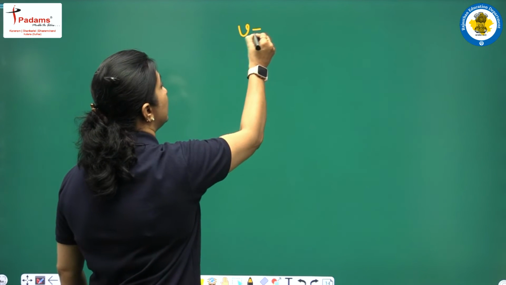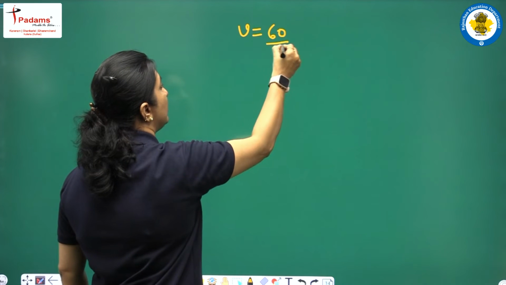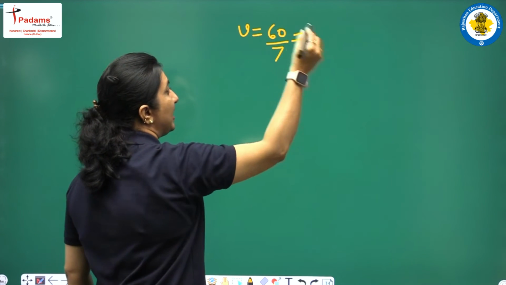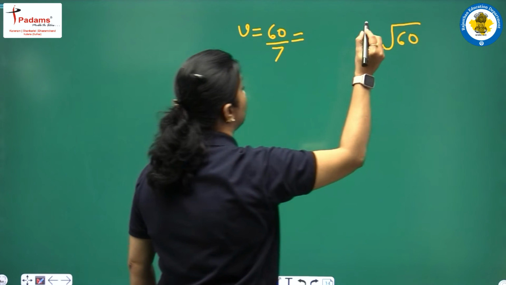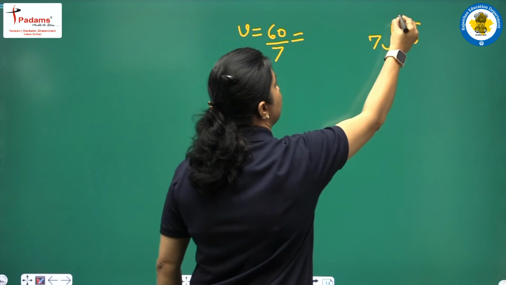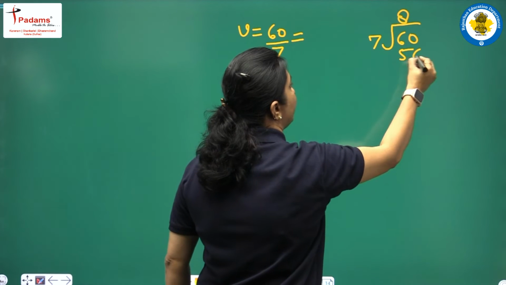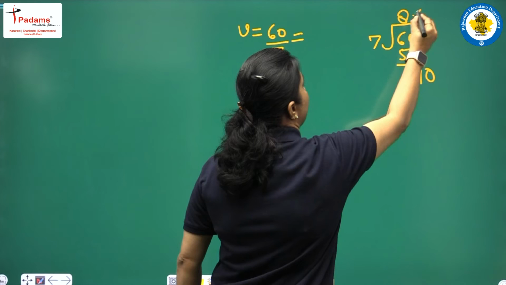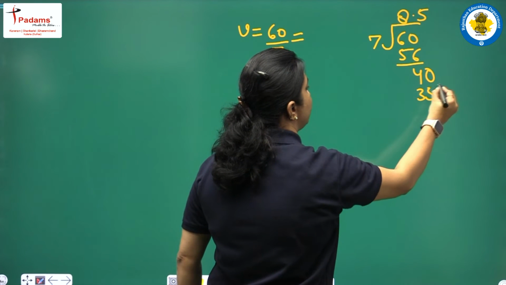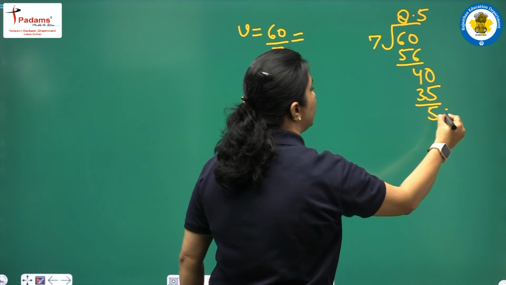So V was 60 upon 7, which can be solved as 7 8s are 56. We are left with 4. 7 5s are 35, and here we are left with 50.